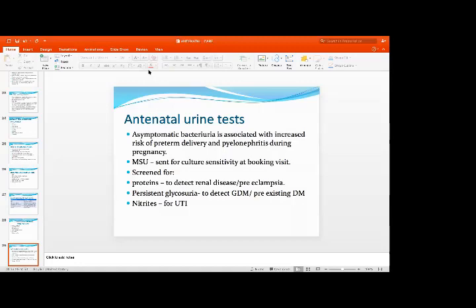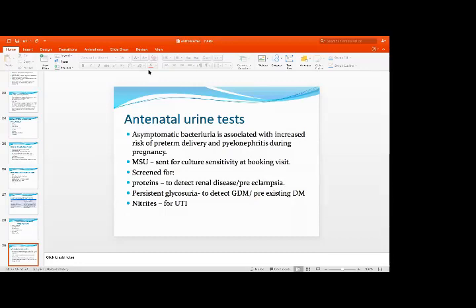As I told you, asymptomatic bacteriuria is associated with increased risk of preterm delivery and pyelonephritis during pregnancy. So, a midstream specimen of urine is sent for culture and sensitivity at the booking visit.